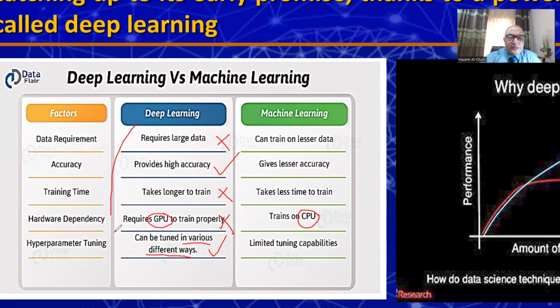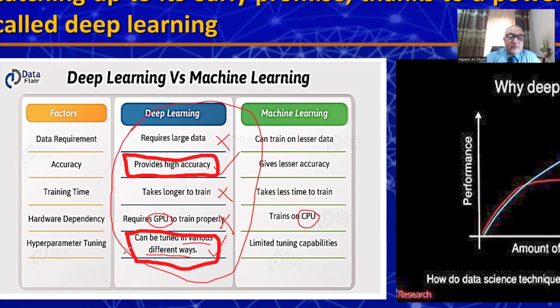When you look at these parameters, you can see that the main advantage that can be achieved with deep learning is the high output accuracy, and it also has the ability to tune parameters according to my task or my specific problem.